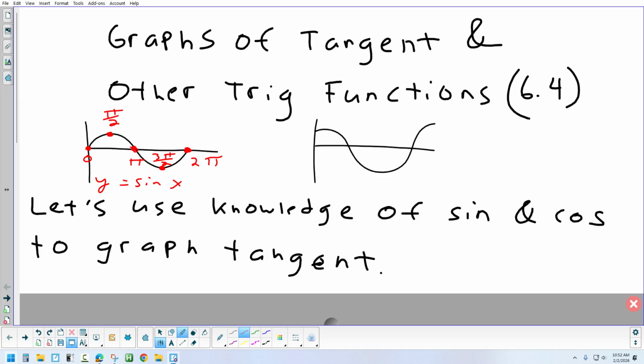And on the cosine, it's the same points: 0, pi over 2, pi, 3 pi over 2, and 2 pi. I wanted to erase the one I put in the wrong spot.